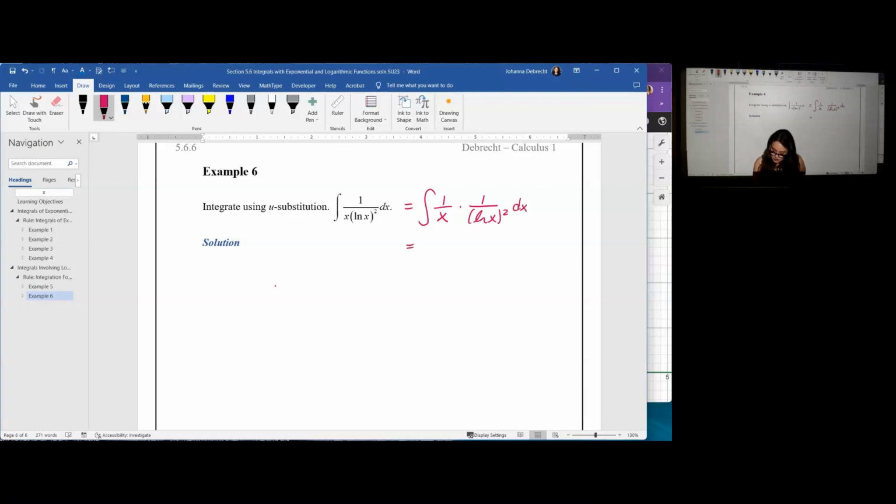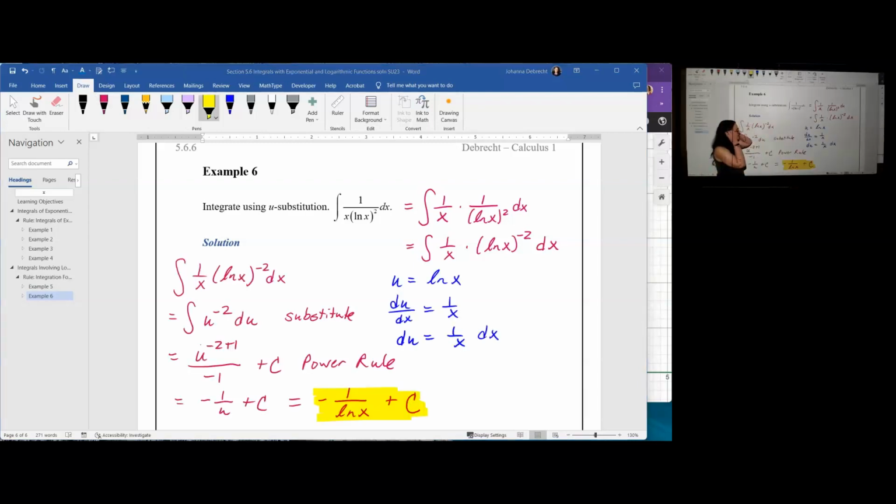Next, I'm going to rewrite this 1 over natural log of x squared as the natural log of x raised to the negative 2 power. This makes it a little bit clearer that natural log of x should be our u, and the 1 over x is our du. Go ahead and pause the video, work this one out, and then come back so that we can compare our results.